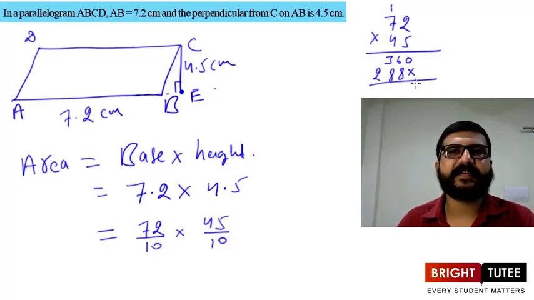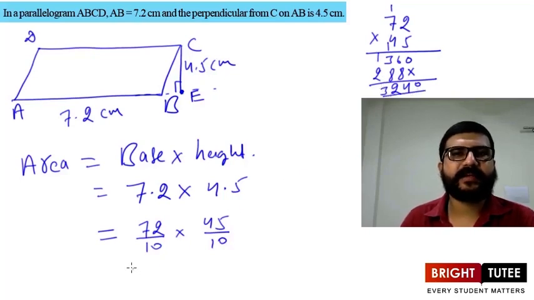Now we will add them. So this will be 0 here, and then 6 plus 8 is 14, 1 will be carry, and then 1 plus 3 is 4, 4 plus 8 is 12. So 2 here and 1 carry, and 1 plus 2 will be 3. So this is 3240.